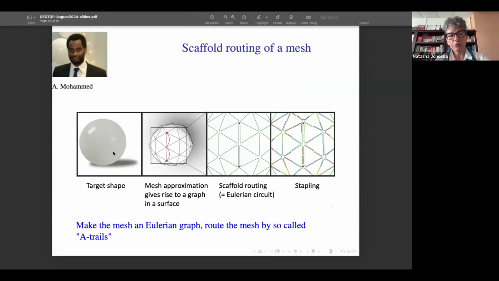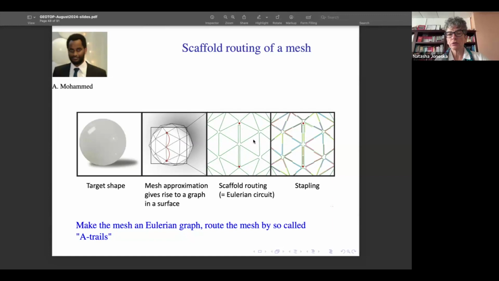You take a target shape, make a triangulation, and when you make a triangulation, you want to make it Eulerian, because as I mentioned, when you have an Eulerian graph, it's very easy to find an Eulerian circuit that would traverse the whole structure. So you identify edges where you have to double the edges to make it Eulerian, like this.